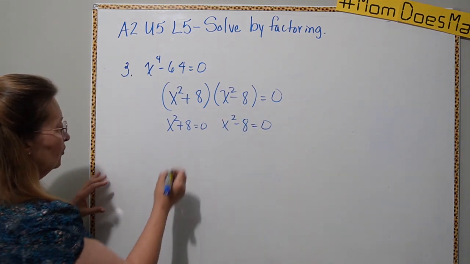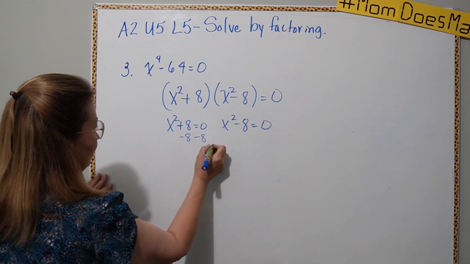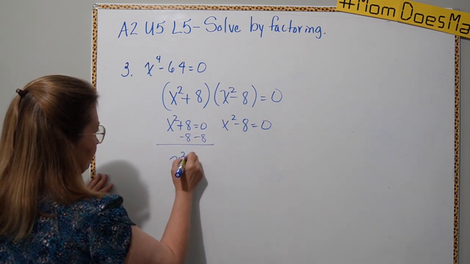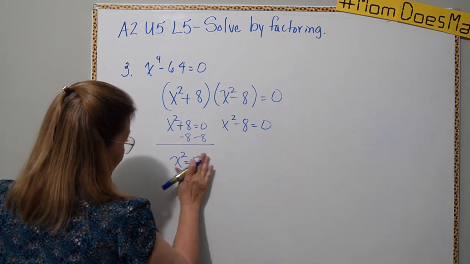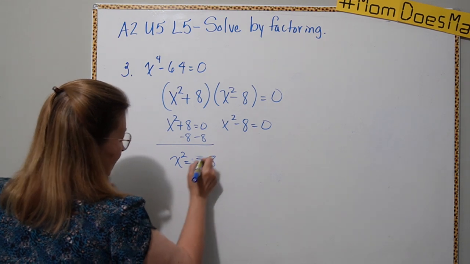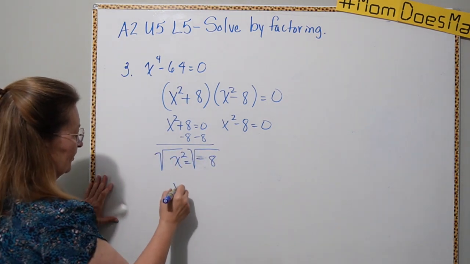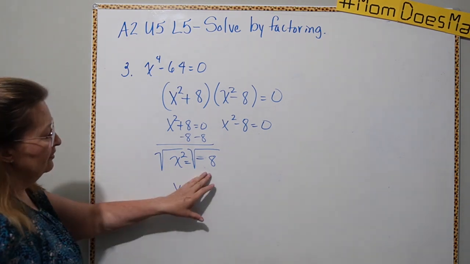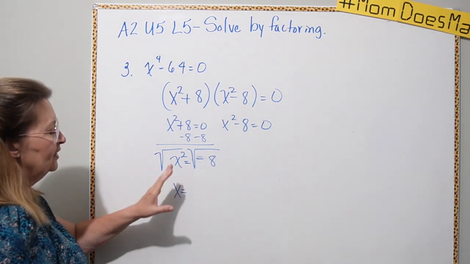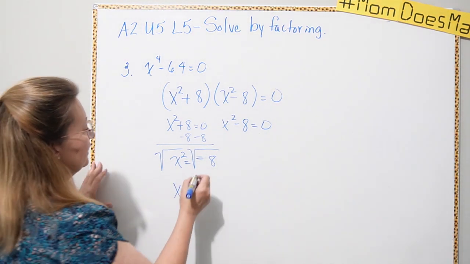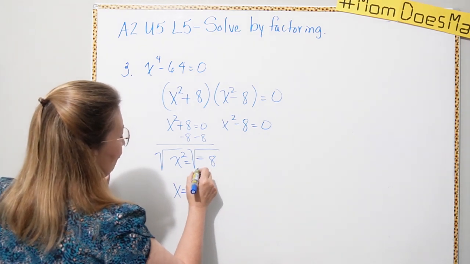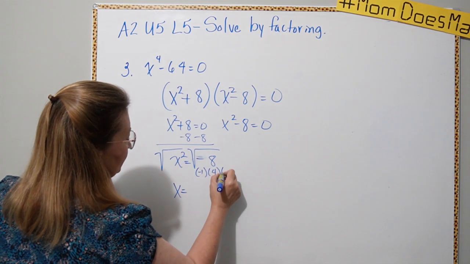So let's see what we get. When we subtract 8 from each side here, I have x squared is equal to -8, and I'm going to take the square root of each side, so I have x. Now to simplify the square root of -8, this is going to be -1 times 4 times 2.